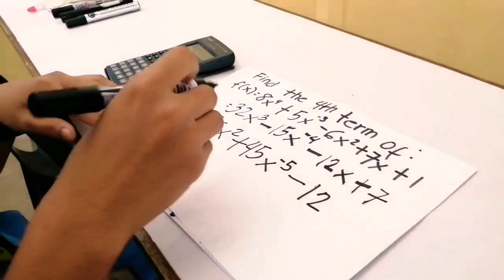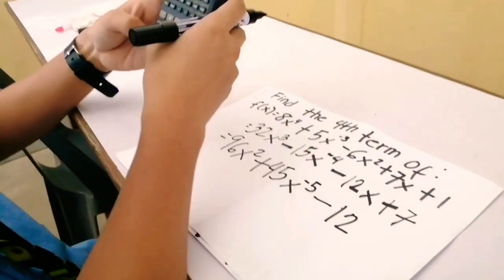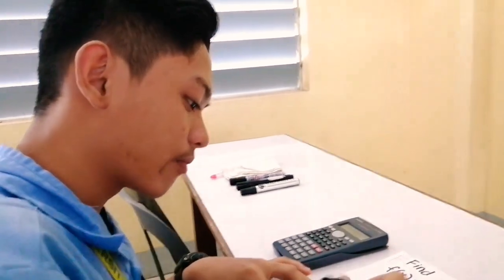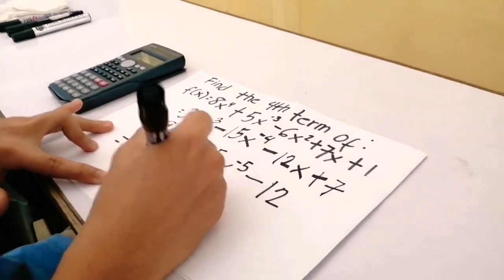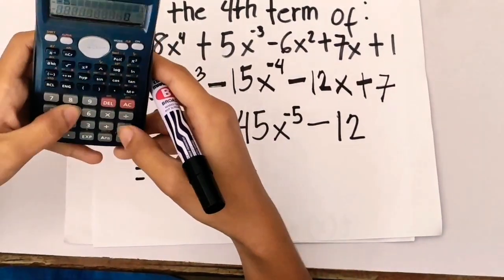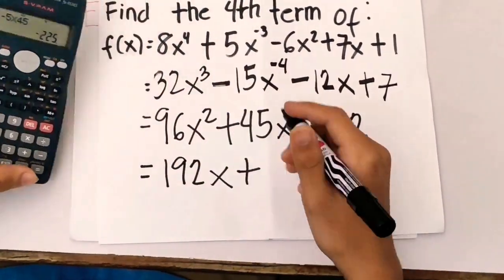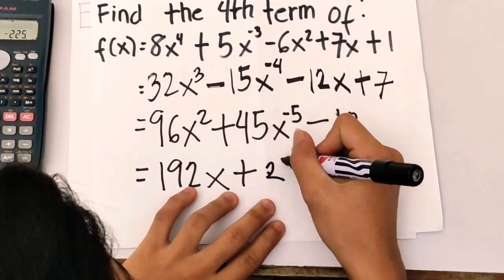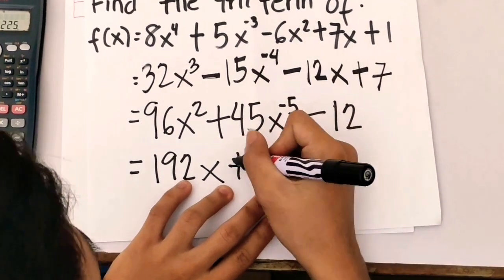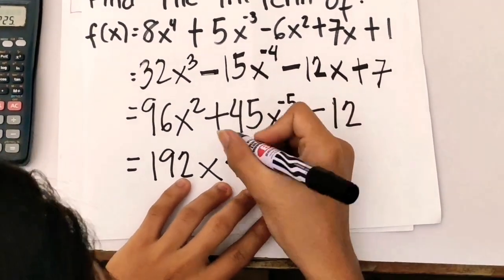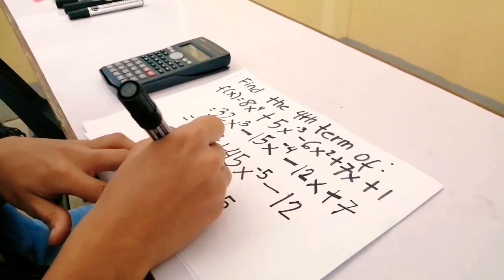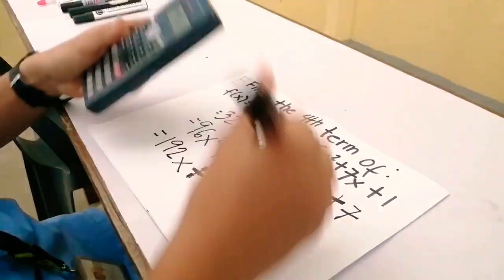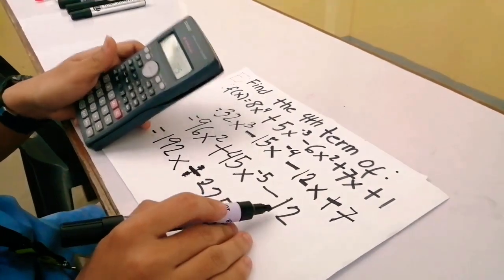Next, we will find the third derivative. 96 times 2 is equal to 192, plus negative 5 times 45 is equal to negative 225. So cancel the constant number.